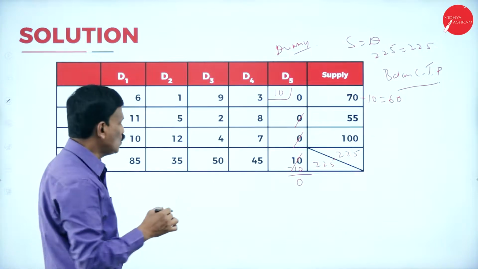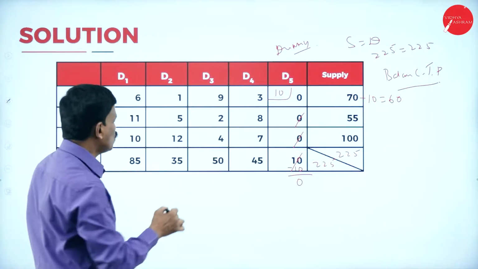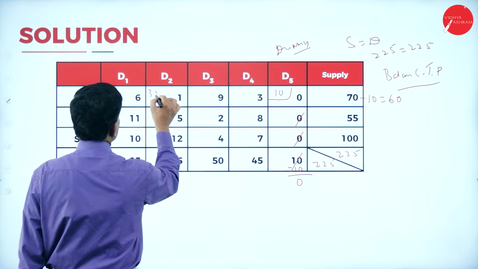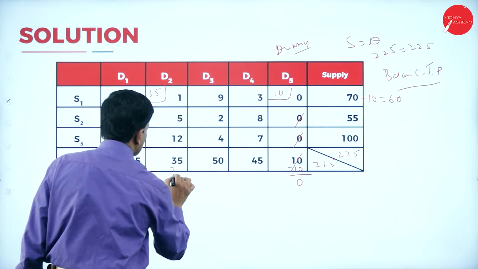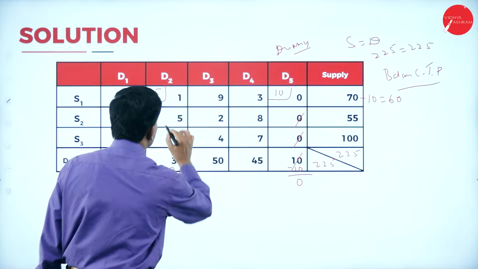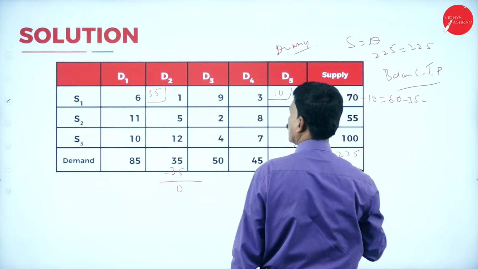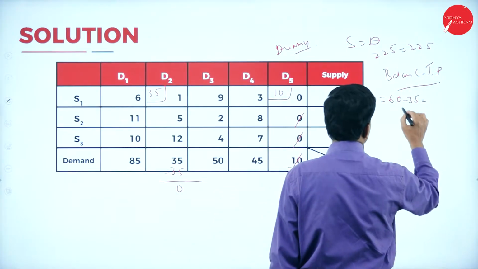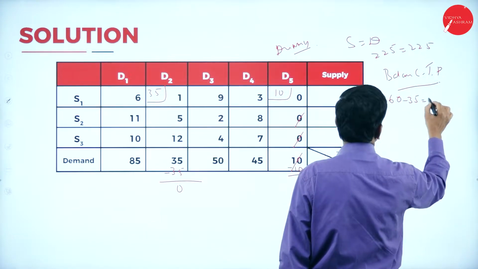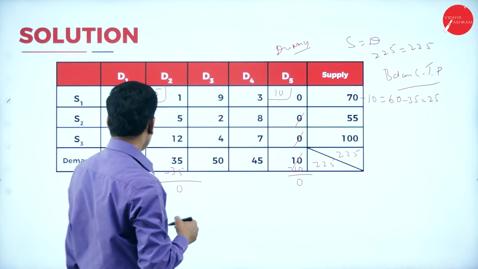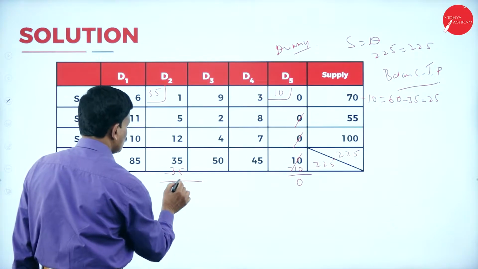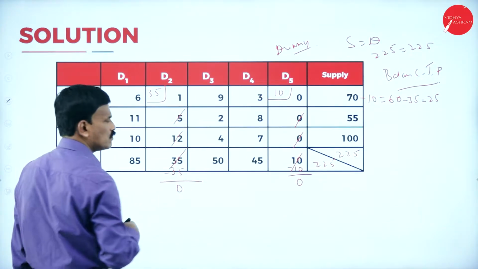What is the least value? 35 is the least value. So we can allocate 35 here and subtract 35 from this. This becomes 0. Again you can subtract 35 from 60, what is the remaining you are going to get? This is equal to 25. Once this becomes 0, we can cancel all the elements.